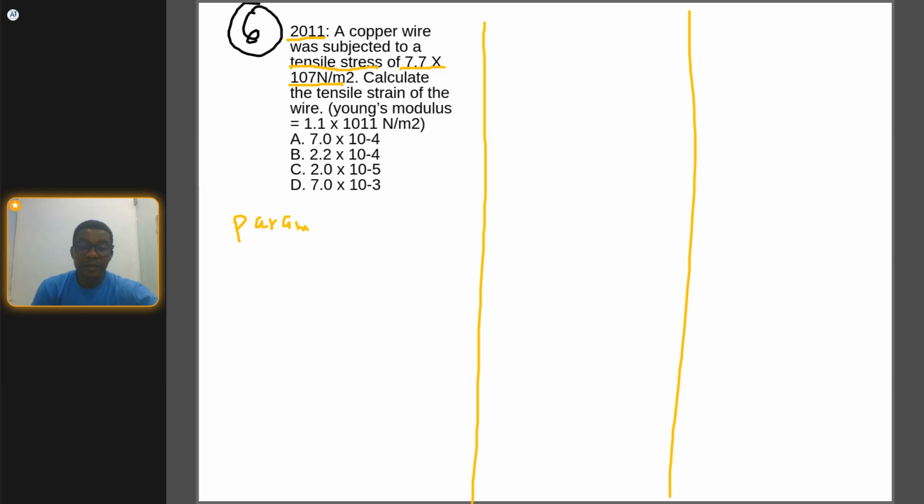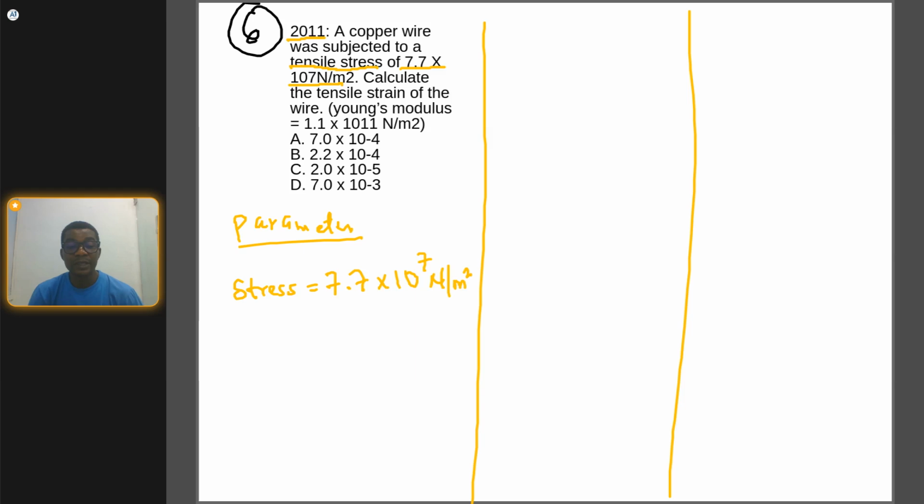Parameters in the question, we have the tensile stress value. So let's write stress, that is tensile stress, is given to be 7.7 times 10 raised to power 7 Newton per meter square.